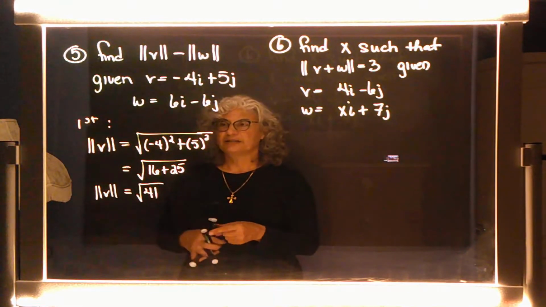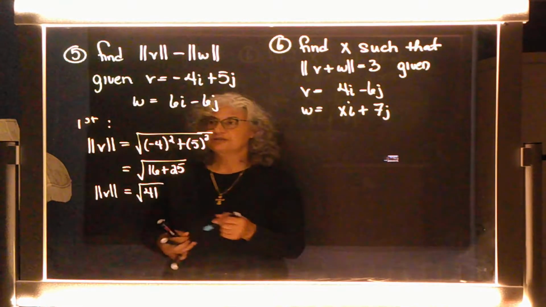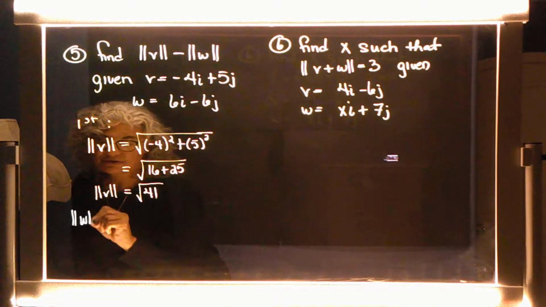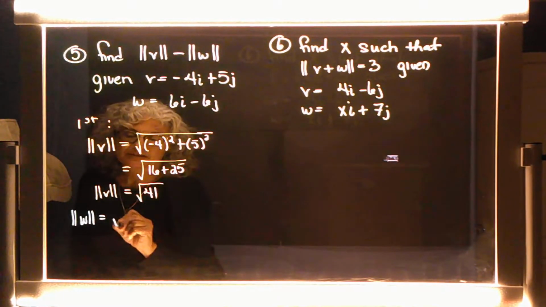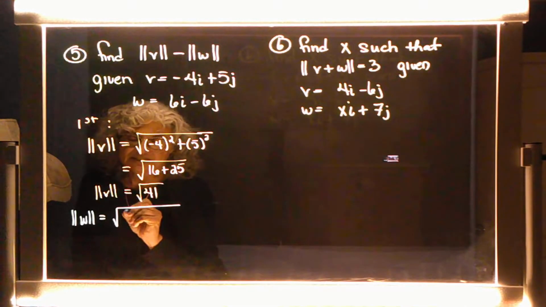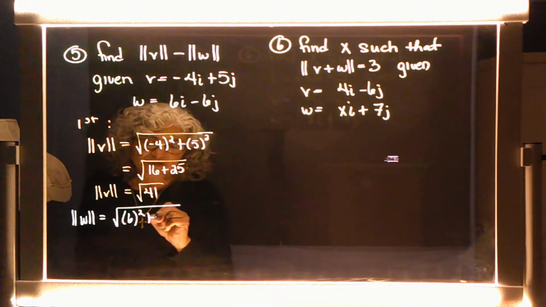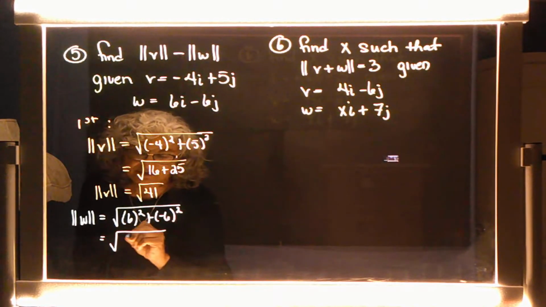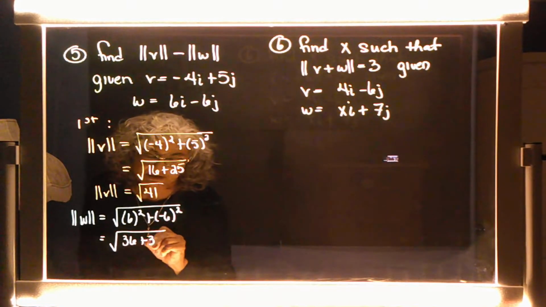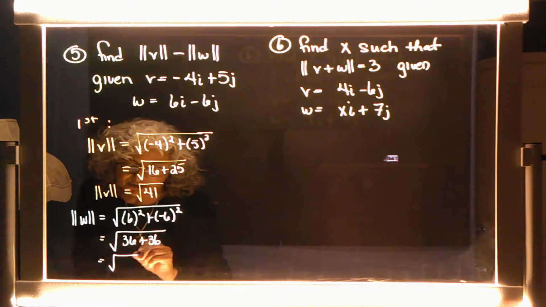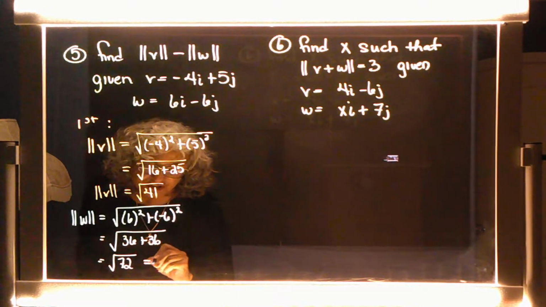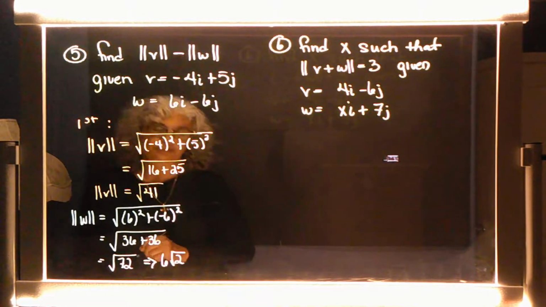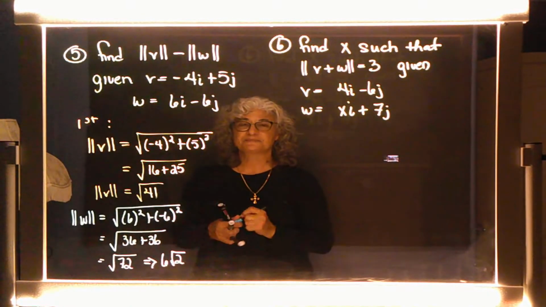And, yep, I need the magnitude of vector w. So magnitude of vector w is the square root of 6 squared plus negative 6 squared. Okay, so I know you guys are ahead of me because you're already working on this. You're like, I see what we're doing, which is the square root of 72, which can be simplified to 6 square root of 2. Correct?